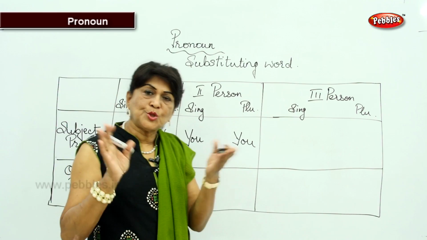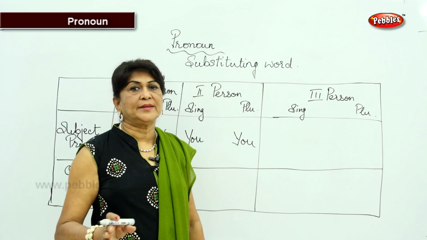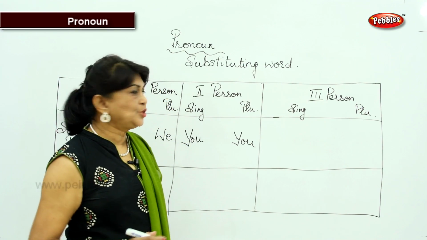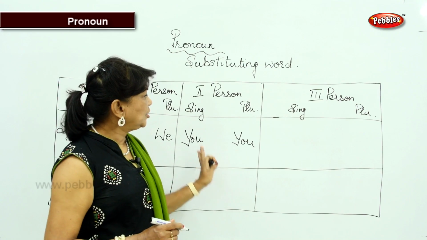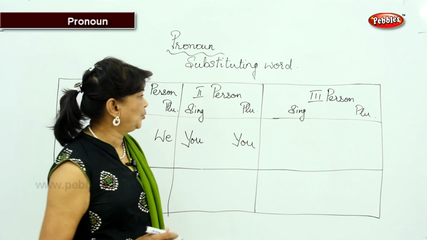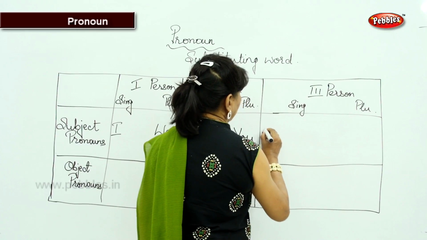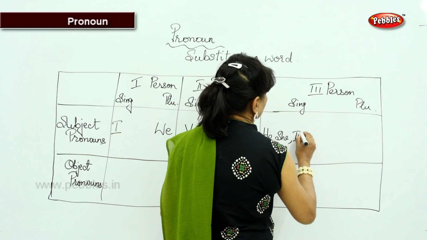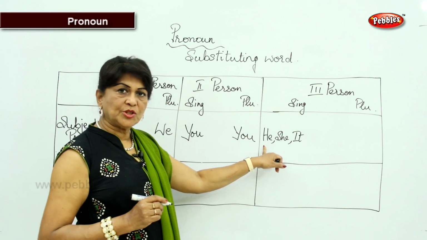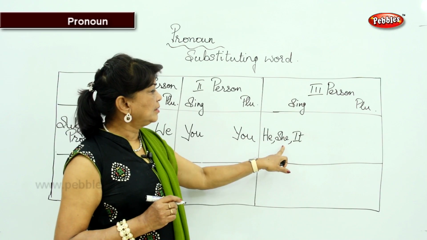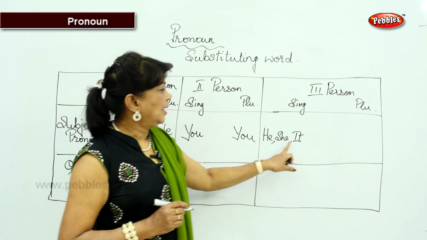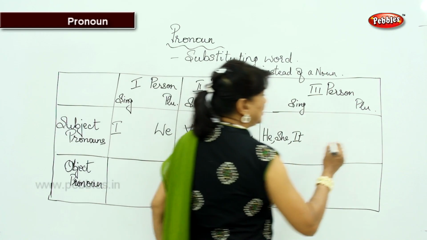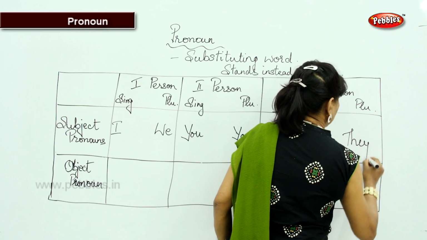Whereas if I say, you students should keep quiet, that is a plural thing, but still I use you. So you stands for both singular and plural second person pronoun. Now third person is he, she, it. If it is singular masculine, it is he, singular feminine, it is she, and singular neuter, it. And for plural it is they.